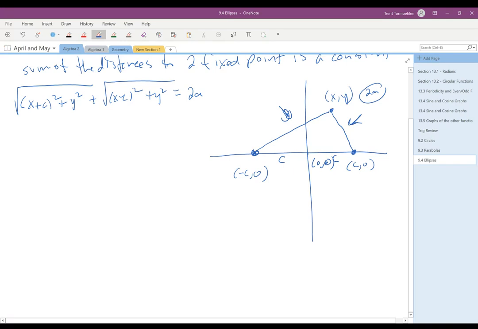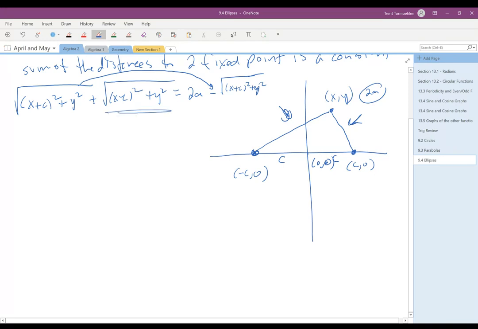And so if we try to solve this, which basically means get rid of these square roots, we're going to take one of these two. So we'll take this one, and we're going to subtract it from both sides. And then we're going to square both sides.